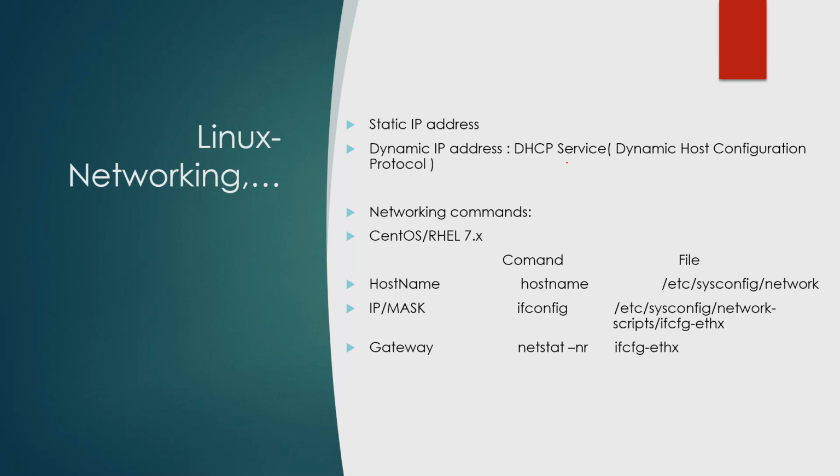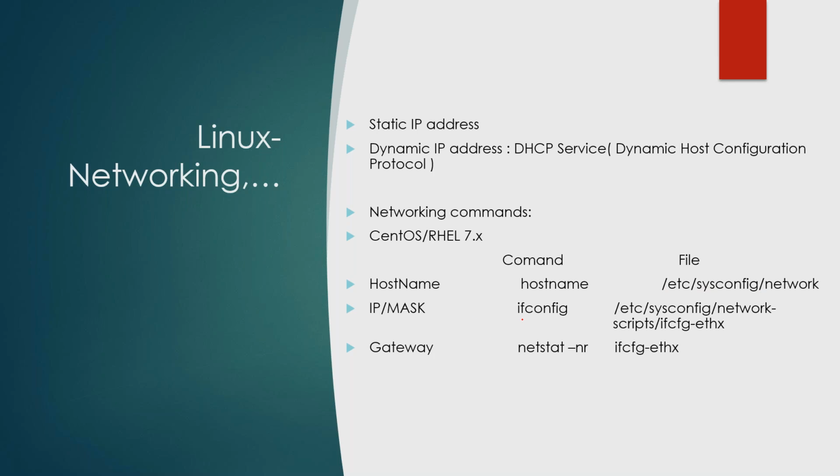Okay, and these are some of the networking commands that we have. If you want to check the host name, just type hostname, and the file where the information is available is at this path, /etc/sysconfig/network.